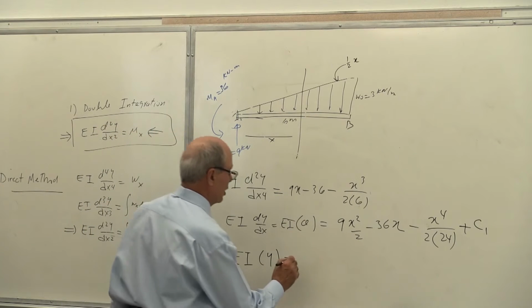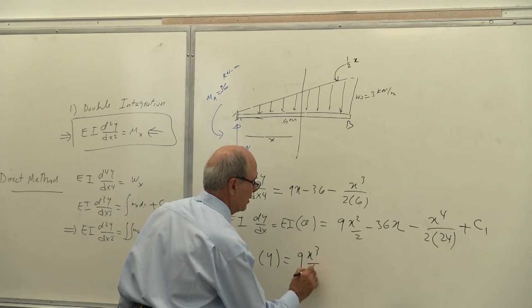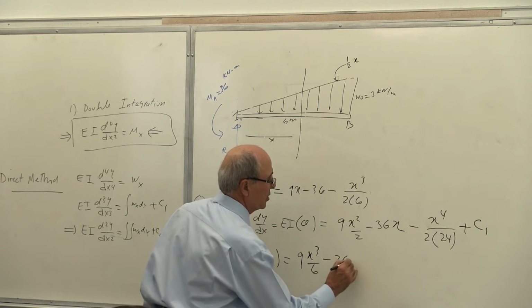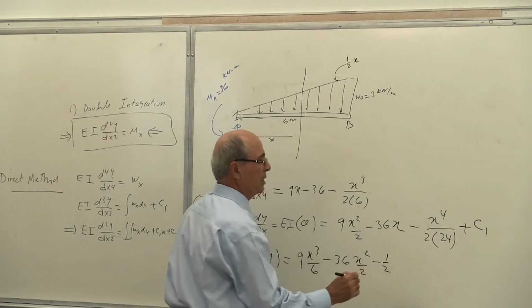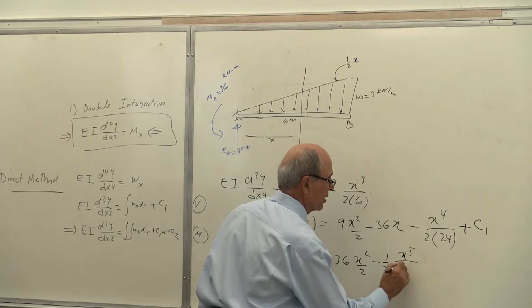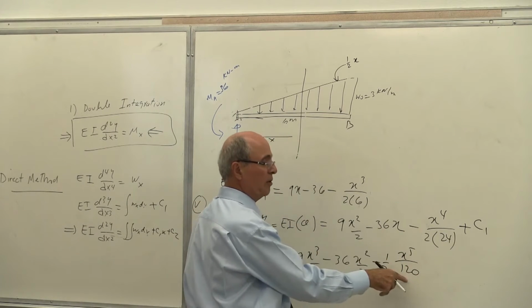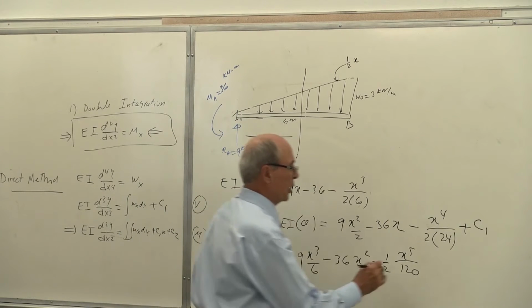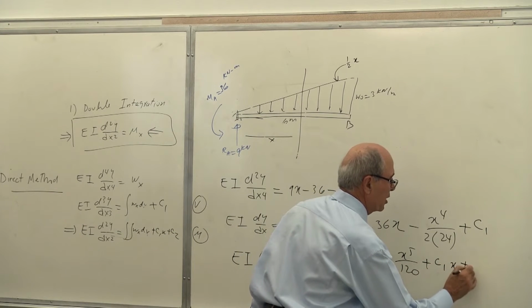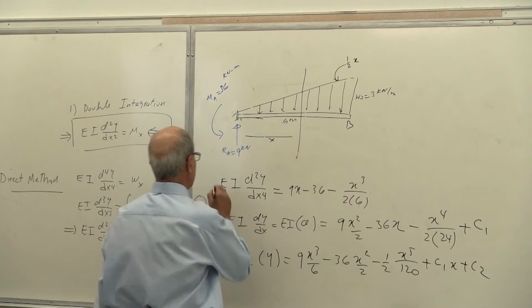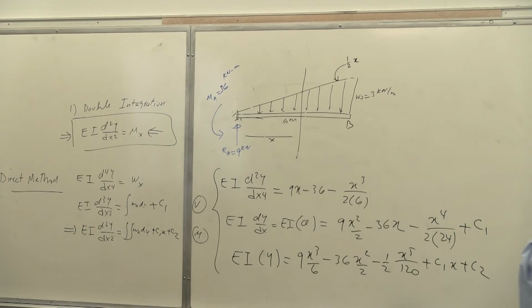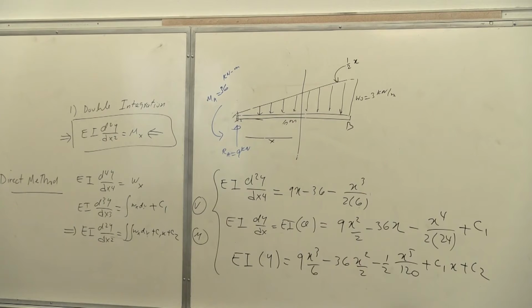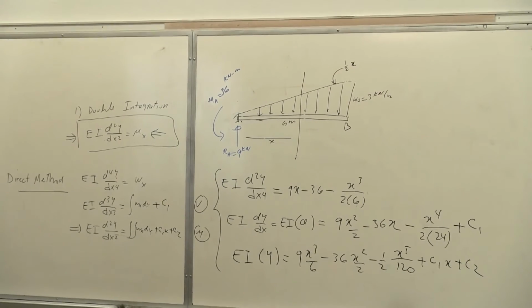And that becomes equal to 9x3 divided by 6 minus 36x squared over 2 minus 1/2, let's put that aside, x5 divided by 120, x5 divided by factorial 5, plus c1x plus c2. Notice in this process, we end up with 2 constants of integration because we're only doing two integrals. Yes or no? Now, what's the value of c1 and c2? Everybody should see it from the boundary condition.